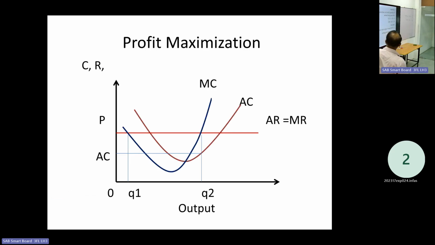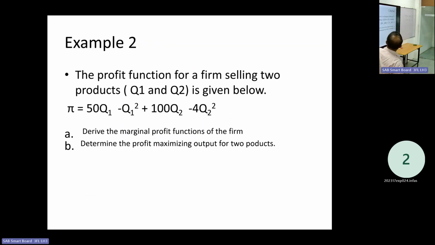Okay, right. So this is example 2. We have been given another function. The total profit function is given. So how do we calculate the marginal profit? Now there are actually two products.